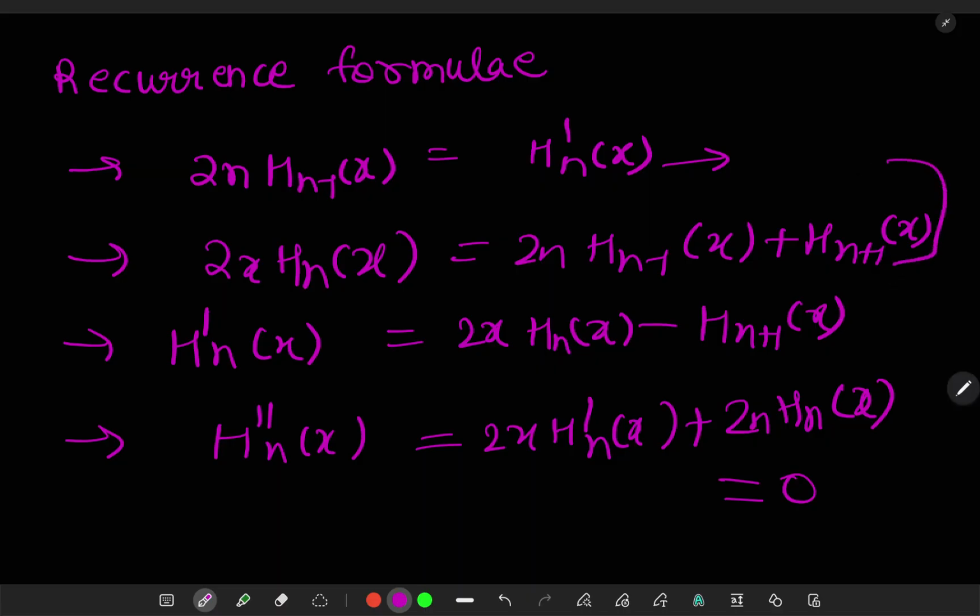Using the first and second, we get the third equation, and differentiating this third equation with respect to x, we get this equation.